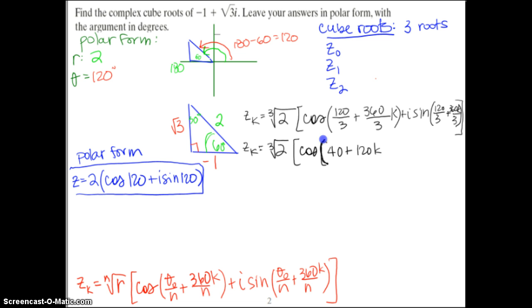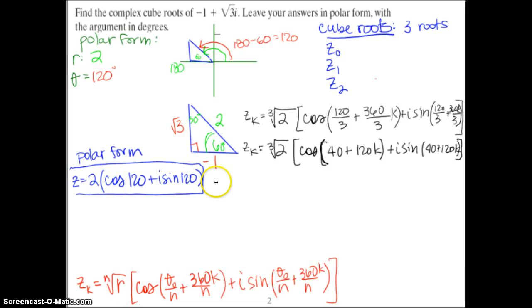And I should have parentheses, not brackets there. Plus i sine of 40 plus 120k. So now that we have that formula written out, we've done all the work. Now we need to figure out what z sub 0, z sub 1, and z sub 2 are, which is kind of the simplest part.